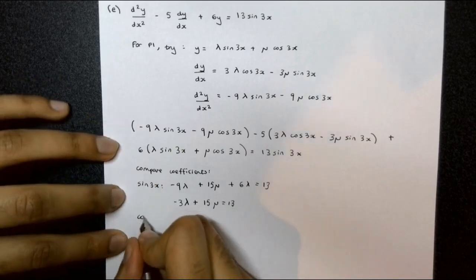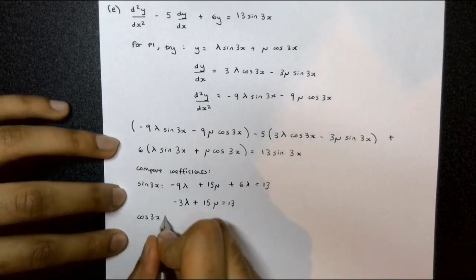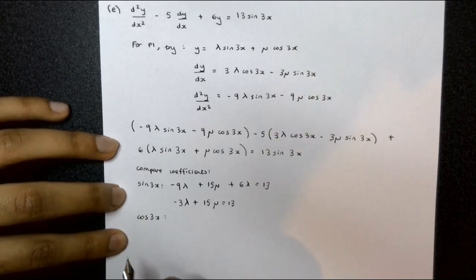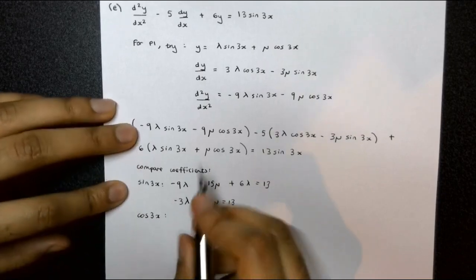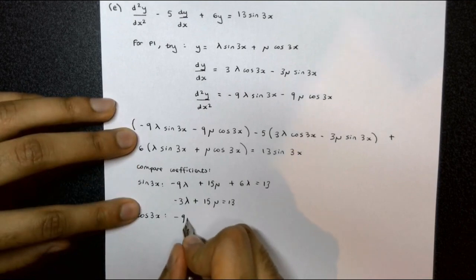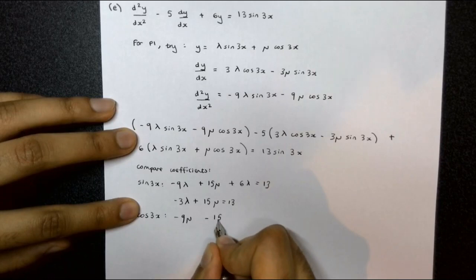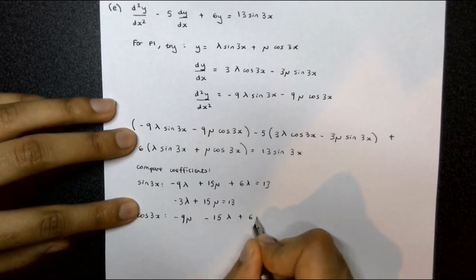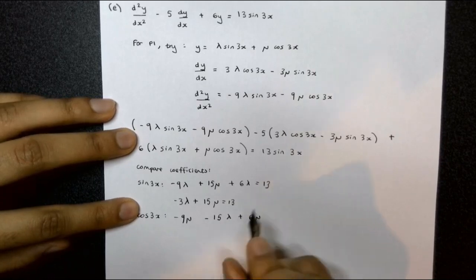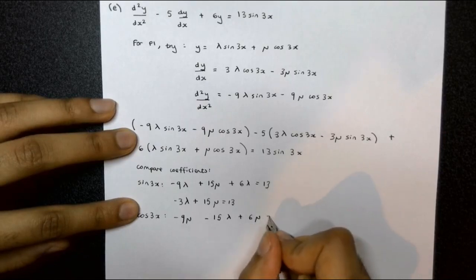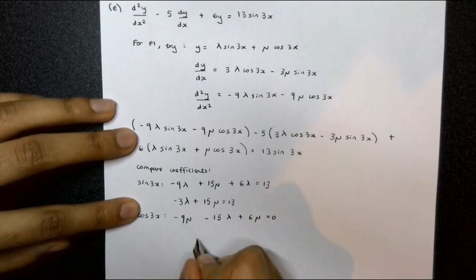And if we compare the cosine of 3x terms, we've got minus 9 mu minus 15 lambda plus 6 mu. This is equal to 0.